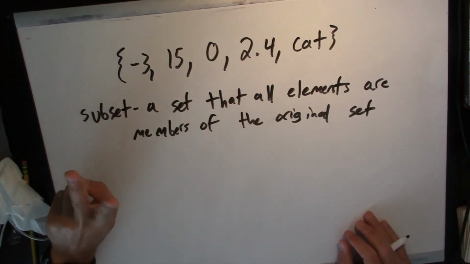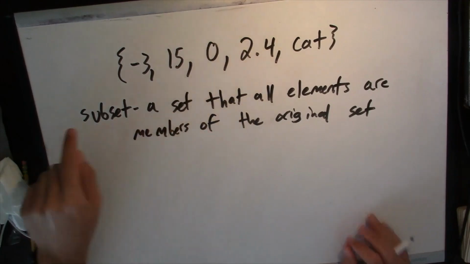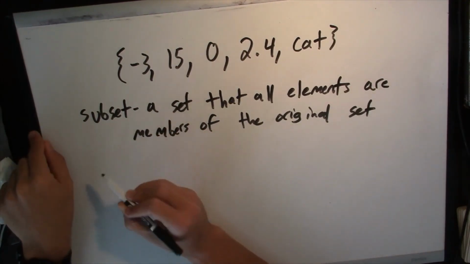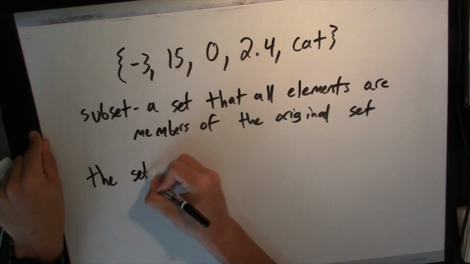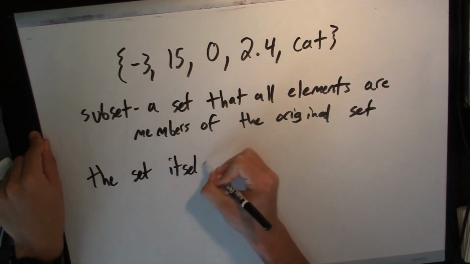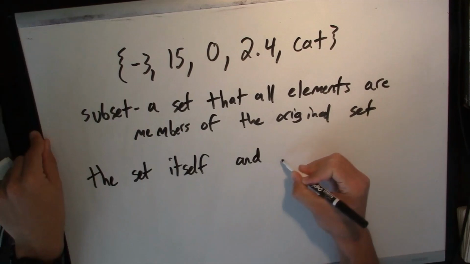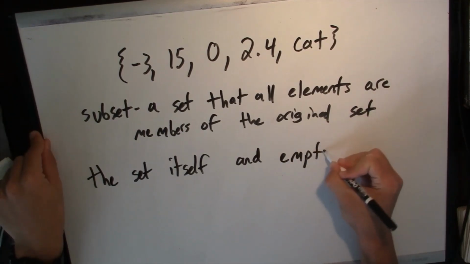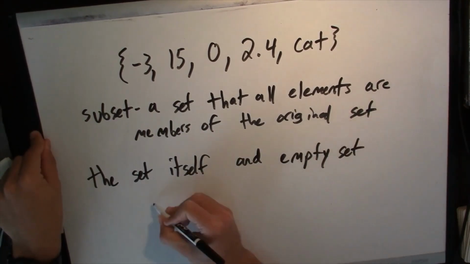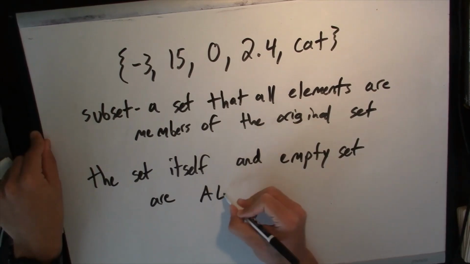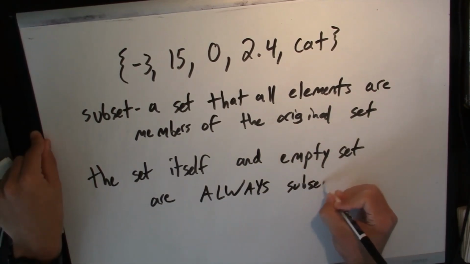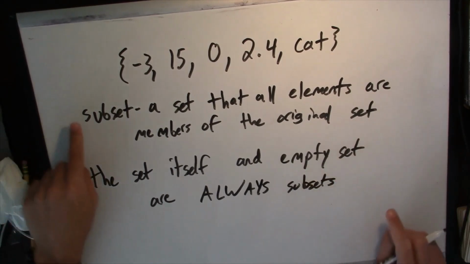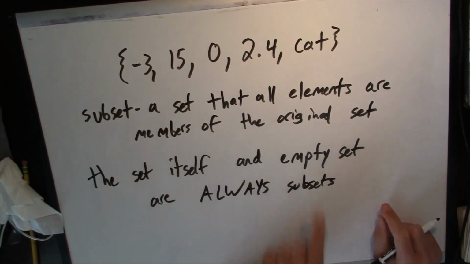So 2 subsets that will always be subsets: the set itself and the empty set are always subsets of a set.